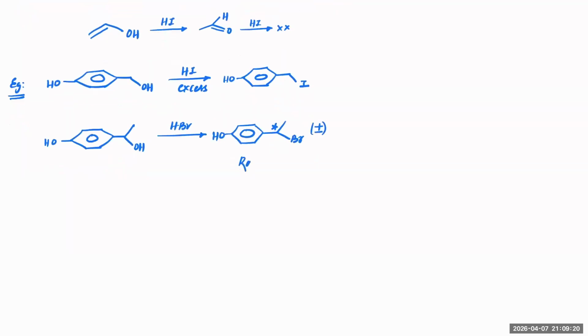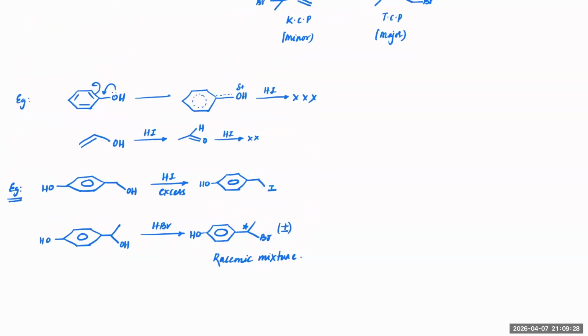Hence you will get a racemic mixture. Clear, everyone? This is an important area. I think you should be able to figure out how it is happening.